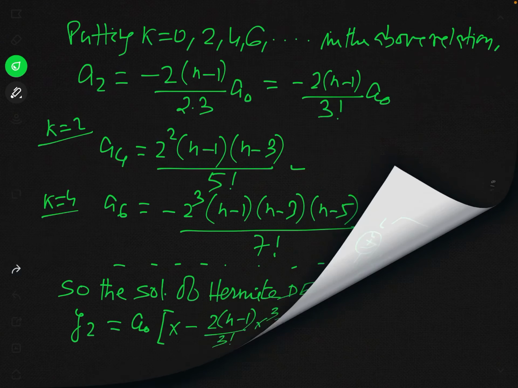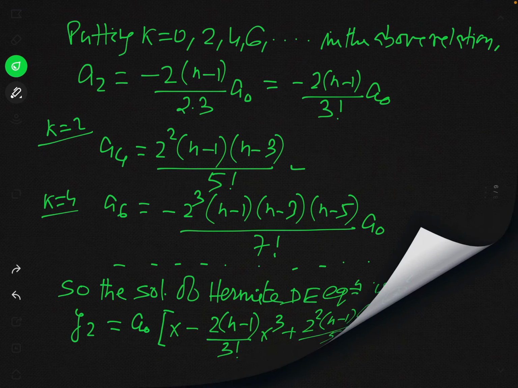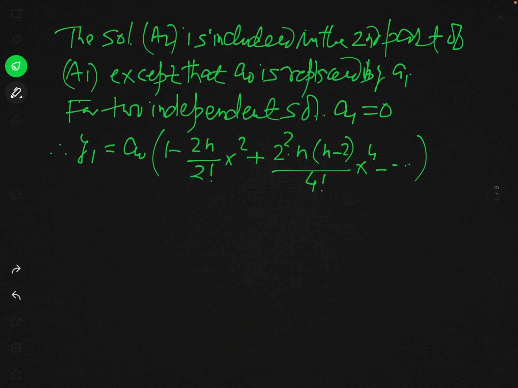You can see this part is of y1, because when a1 is 0, the second part will vanish, and so the first independent solution of Hermite equation will be this much. So this is the first independent solution of Hermite differential equation.